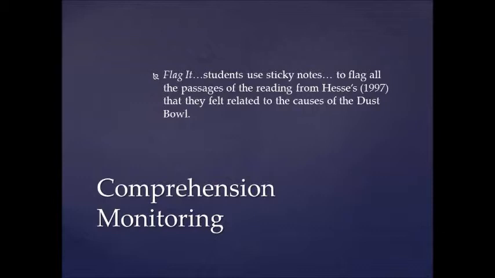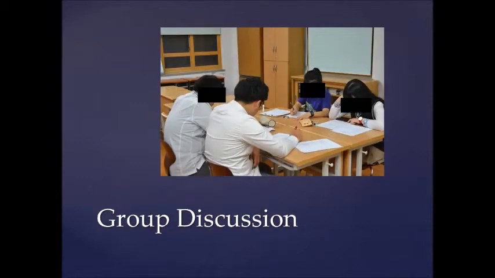I planned to direct my students to flag all passages of the reading from Hesse's work that they felt related to the causes of the Dust Bowl. Then, as a post-reading activity, we came together in groups to discuss what passages they thought related to the causes of the Dust Bowl, and to outline its development based on Hesse's work.